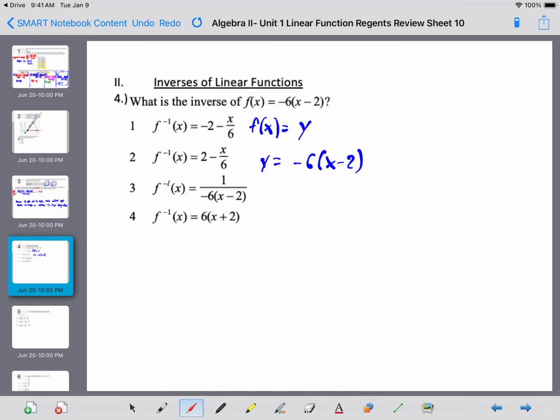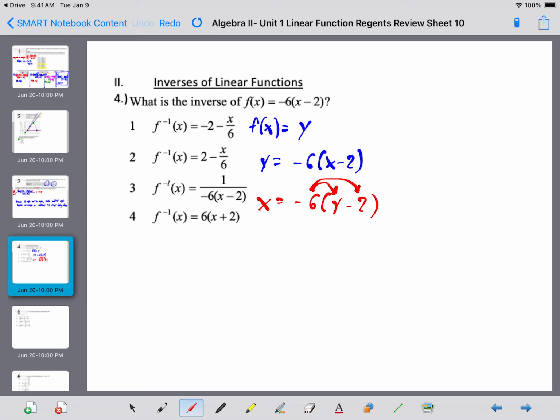Now, when you want to find the inverse, you switch the x and the y. Now, without doing anything further, we found the inverse. The minute you switch the x and the y, that's your inverse equation. But we're used to having equations in terms of y, or solve for y. So, I would distribute out.